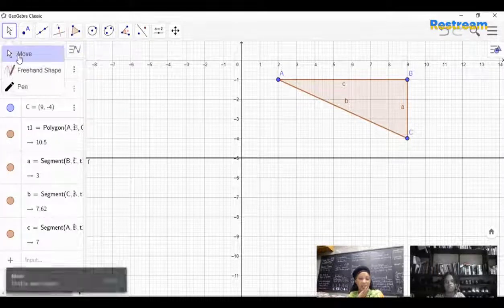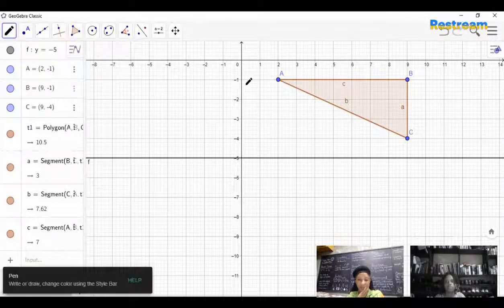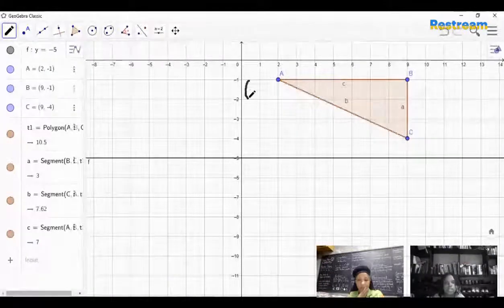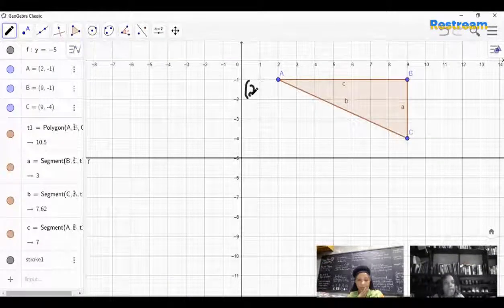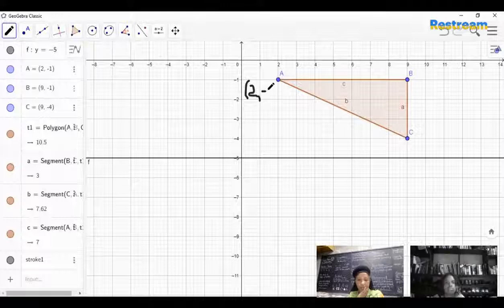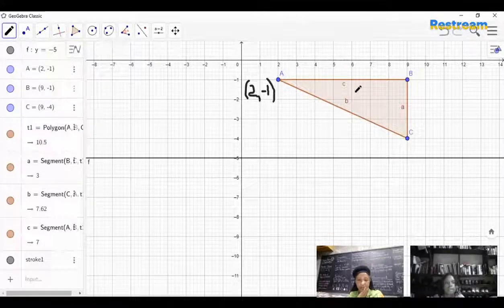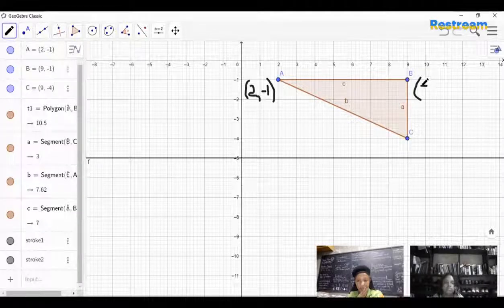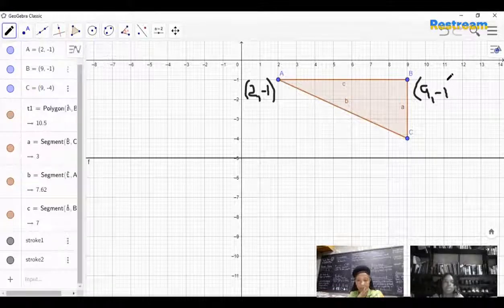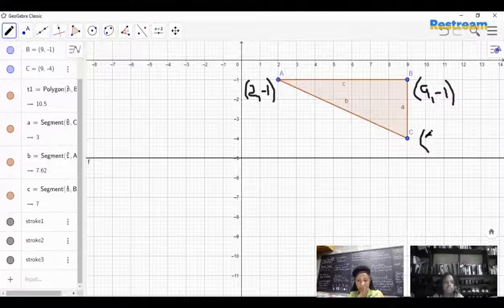All right, Imani. What are the coordinates of A? +2 to -1. So 2, -1. And B is +9 to -1. And C is +9 to -4.